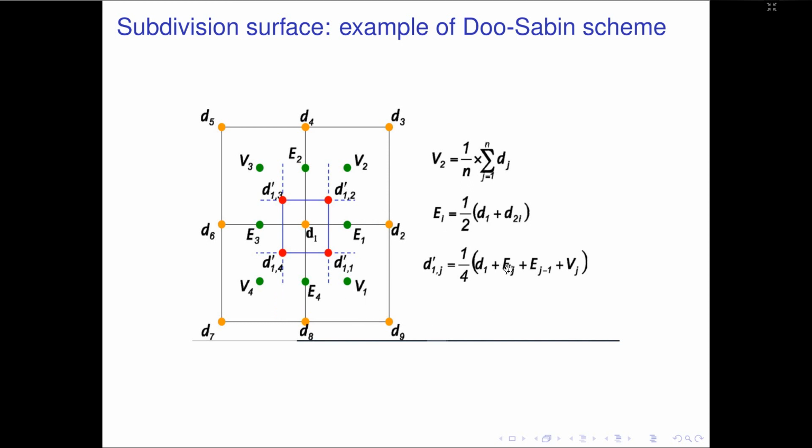And the last step is this formula: it calculates the centroid of the face containing the edge point, the face point, and the old point. So by calculating all these new points, we connect them to arrive at a new mesh.